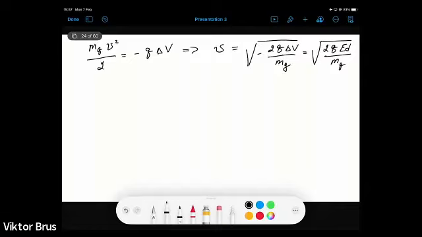And in the denominator, obviously, the heavier this charge is, the slower it will be at point B, because it will be more difficult to accelerate such an electric charge in a given electric field.